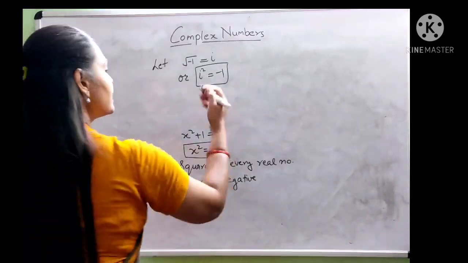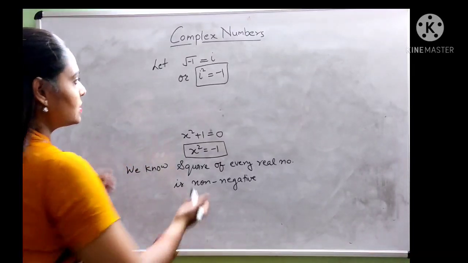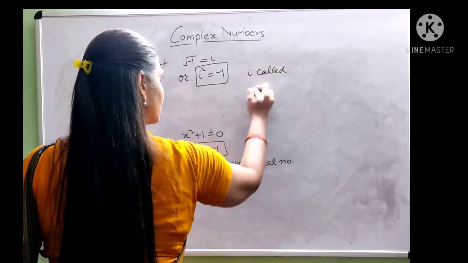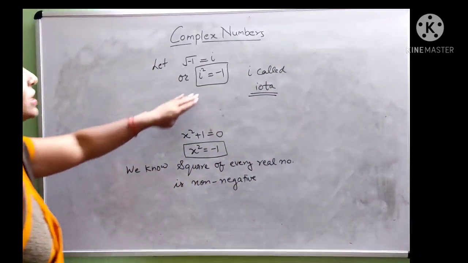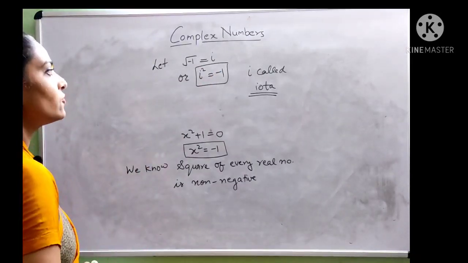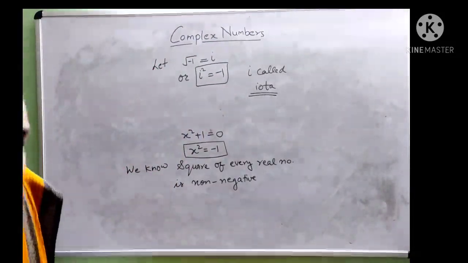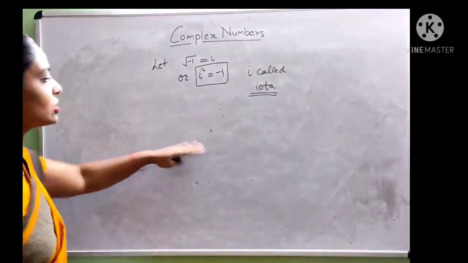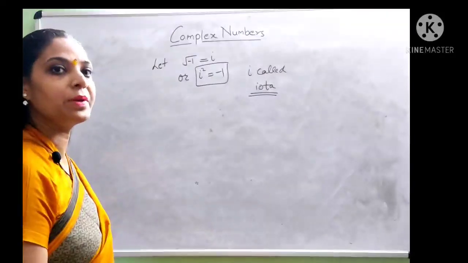So this i represents imaginary numbers and i is called iota, whose value is always i square is equal to minus 1. So how could we represent the complex numbers? And we can say also, earlier, this is the solution of the previous equation x square plus 1.